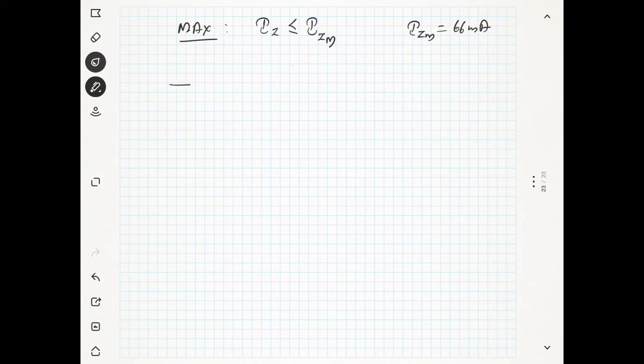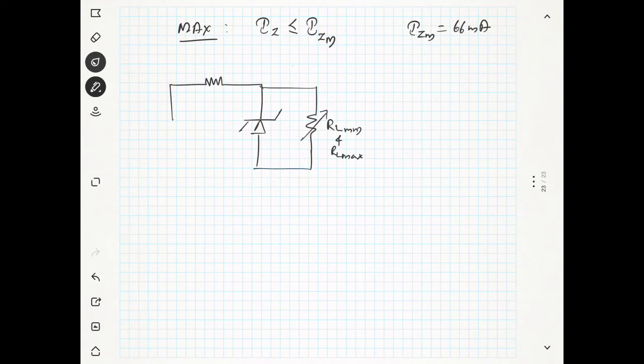Now I will draw the circuit diagram again to explain this idea. So you have RL minimum and RL maximum, these are the limits in which it is changing. Now the input is changing, Vin minimum and Vin maximum. Now listen carefully, this is R.